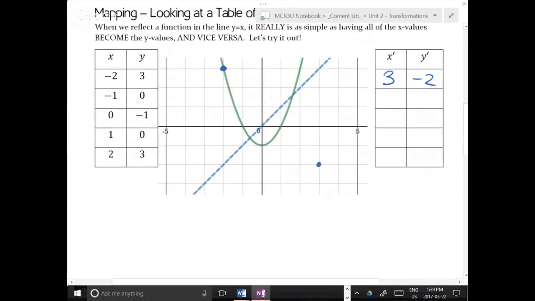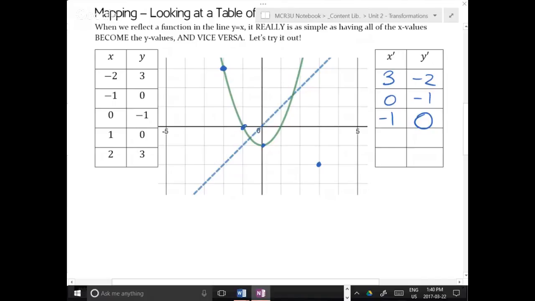If the original point was at (-1, 0), where will the translated point be? At (0, -1). Yeah. If the original point was at (0, -1), now we will have a point at (-1, 0), which we already have one there because it overlaps another point.